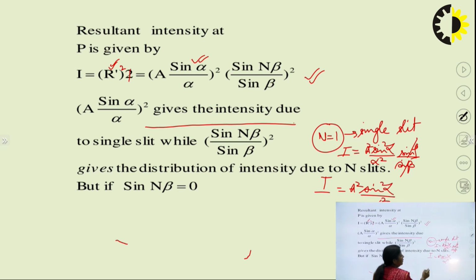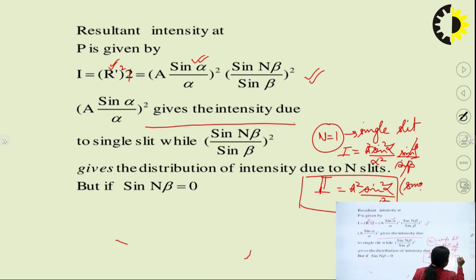If you look at the diffraction pattern for the single slit, you will find the expression of intensity is exactly the same. If you go through the single slit diffraction pattern, you will find the expression of the intensity like this only.